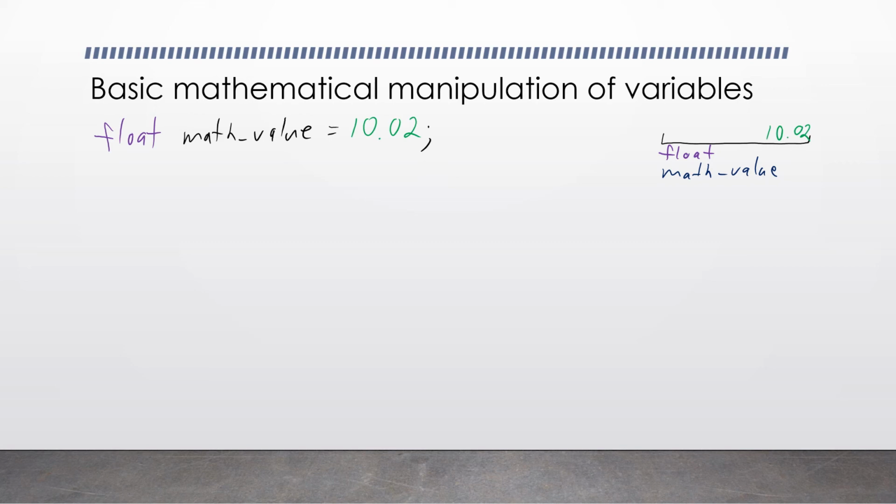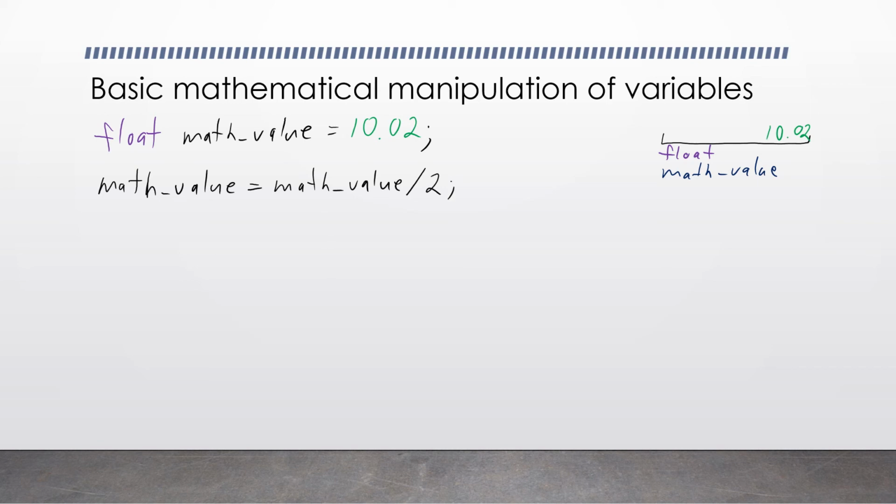What happens next? Well, we can do some math. We can type mathvalue equals mathvalue divided by 2.